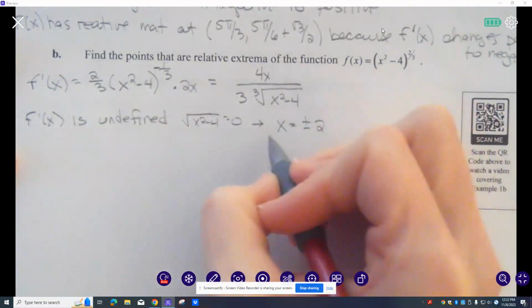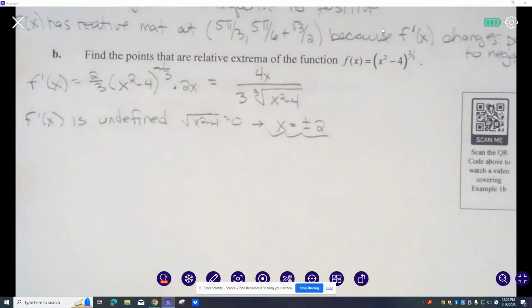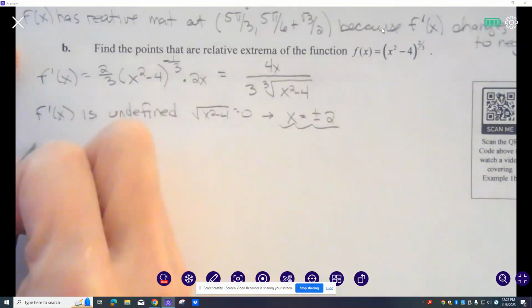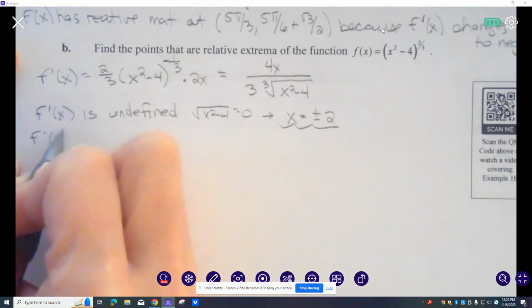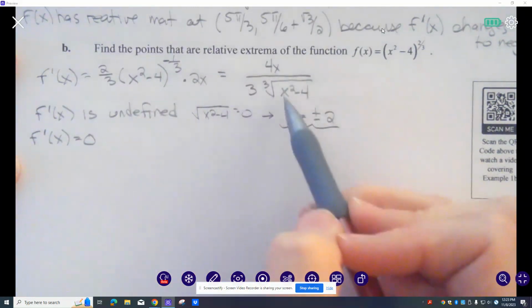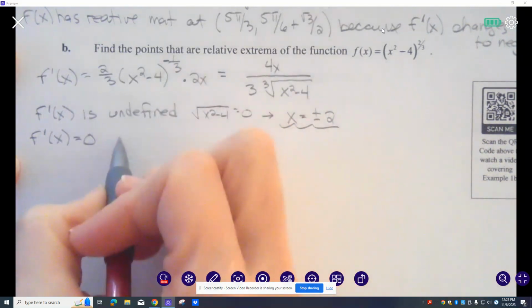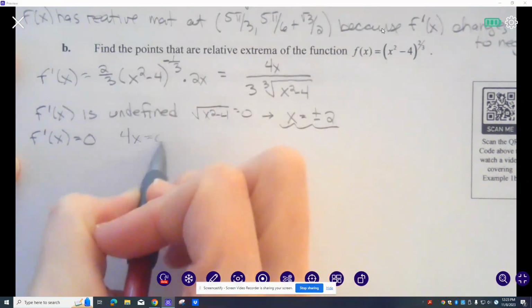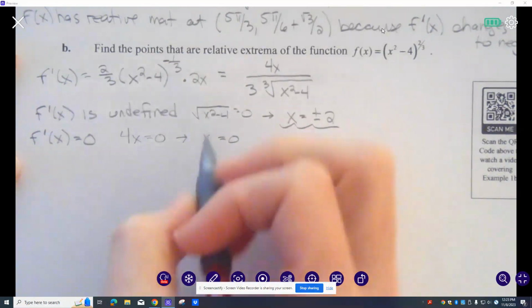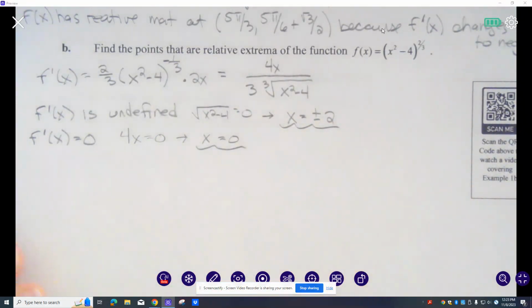So those are critical points. Now, I also need to check where is f prime equal to 0. So remember, for a fraction to be 0, I just need to set the numerator equal to 0. So my other critical point is x equals 0. So those are my critical points.